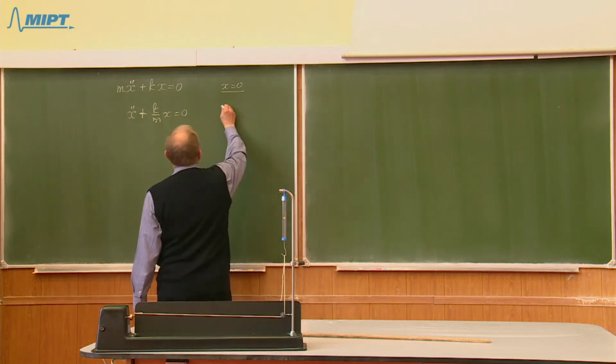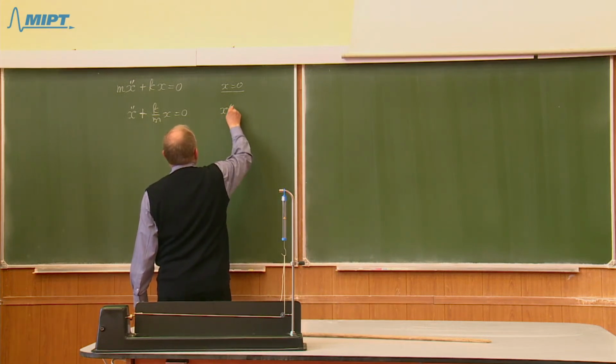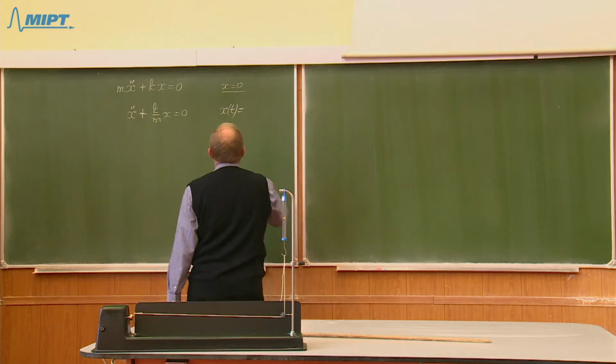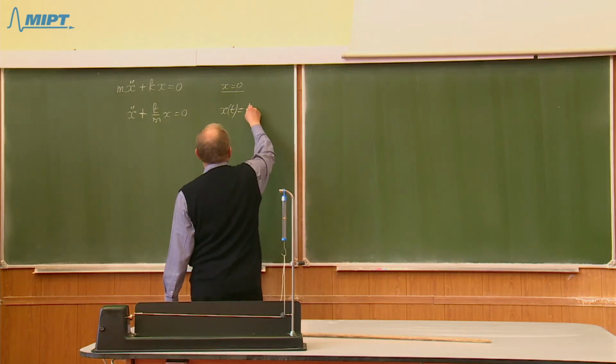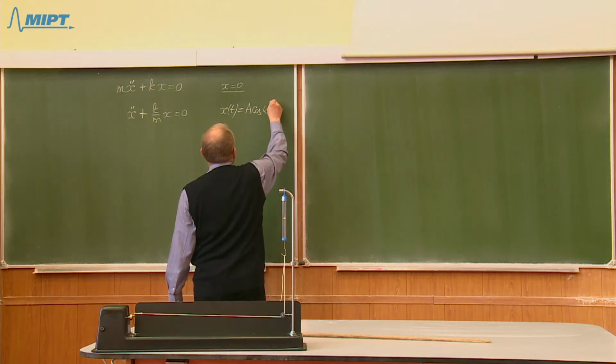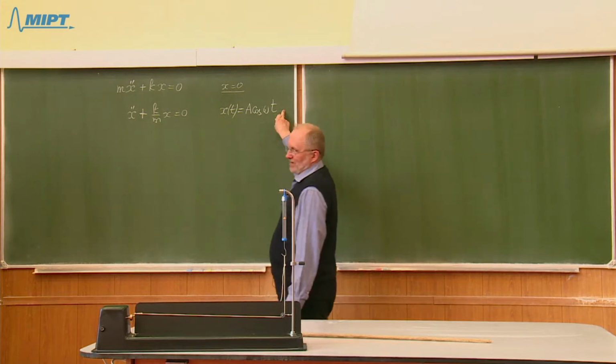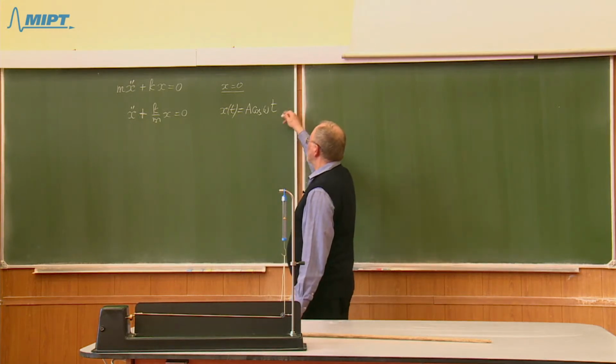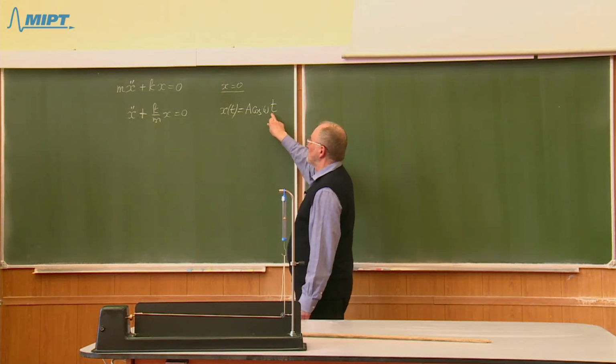We found the solution as a function x of t, which is some amplitude times cosine of omega t plus probably some initial phase, which can always be made 0 if we change the moment of time origin.